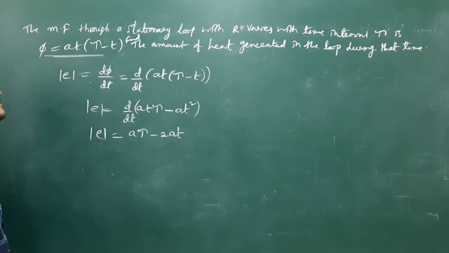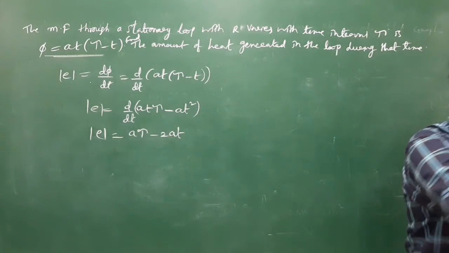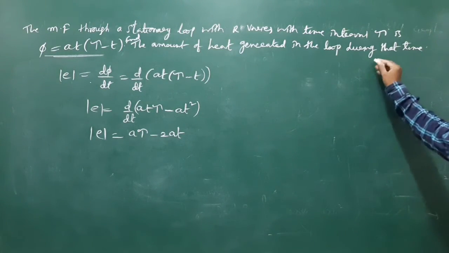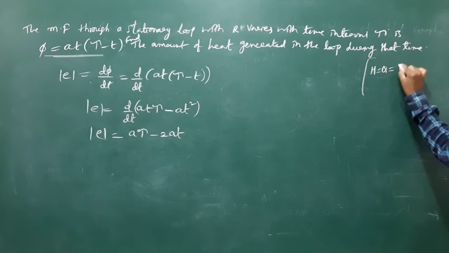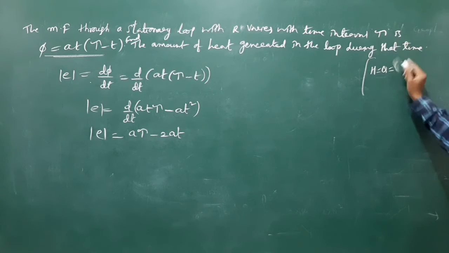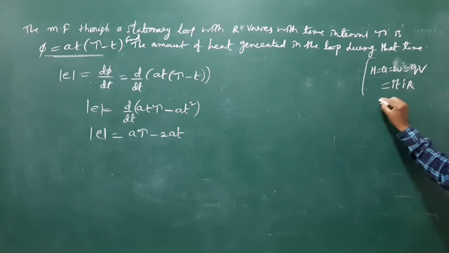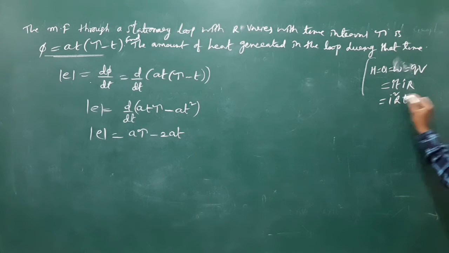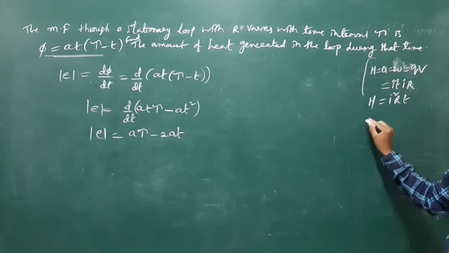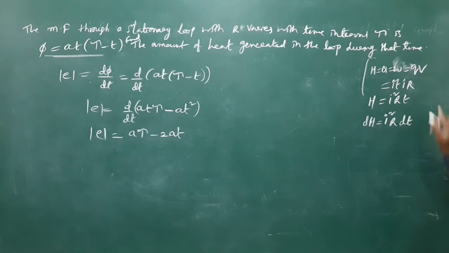The target is to find the heat generated in that loop. Here the resistance is R, so heat is generated. I think you remembered heat energy is nothing but I square R t. Actually heat is work, otherwise W is Q V, Q is I t, V is I R, giving I square R t. Now we can write dH equals I square R dt.